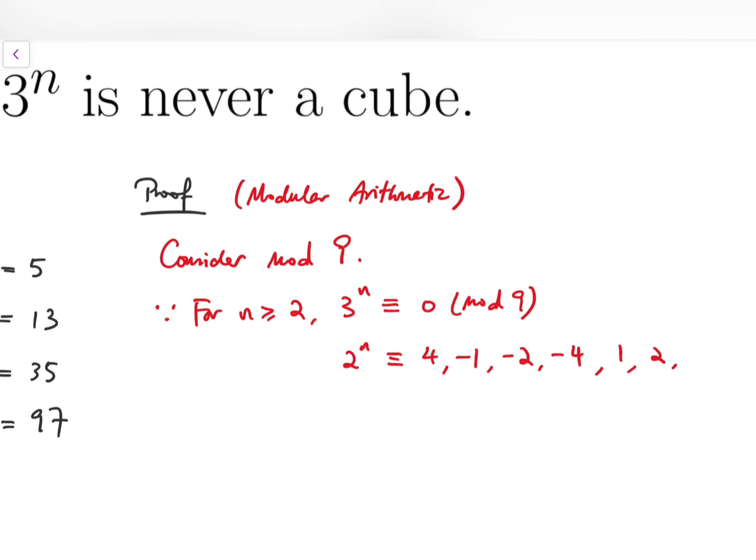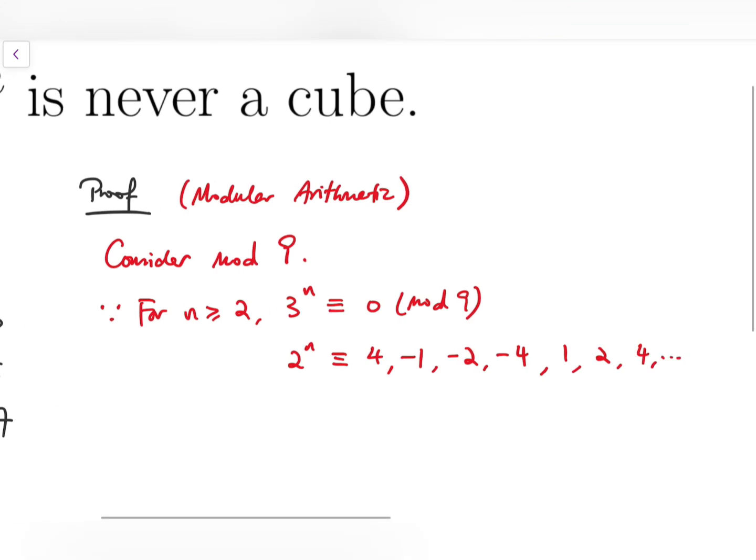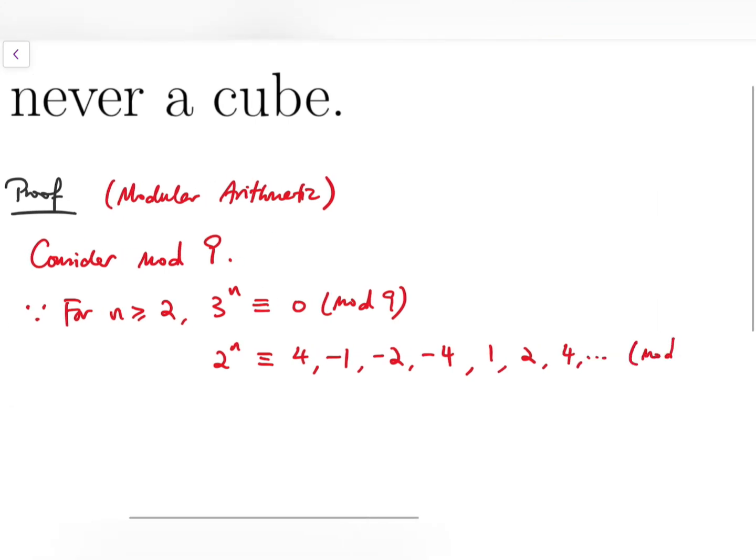In fact, after the number 2, this period repeats itself, and we know that these are all the possible values that can be taken when 2 to the power n is divided by 9.